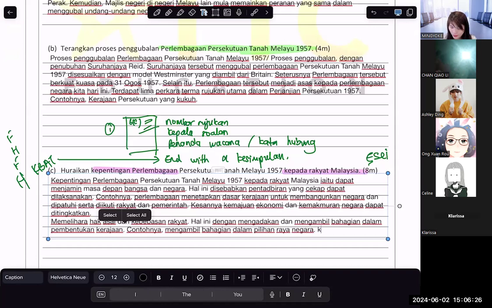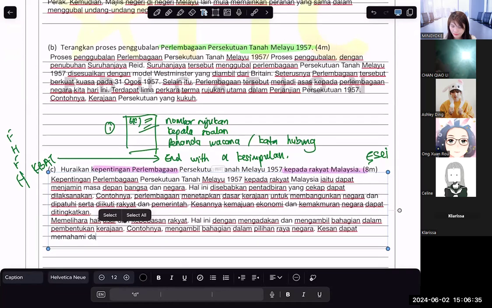Okay? And therefore, kesan: dapat memahami dan menentukan, memilih hala tuju kerajaan dan pemimpin negara.